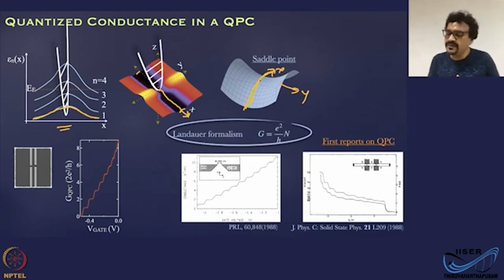So now let's look at the transport through the system as a function of the gate voltage. That is one of the main control knobs that we have. As you vary the gate voltage, as you make the gate voltage more and more negative, you are going to increase the energy of the electron at the constriction, and you're also going to make the constriction tighter.